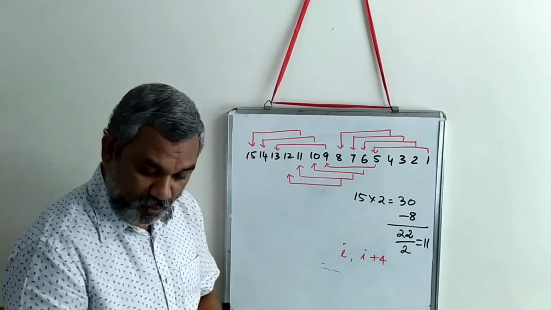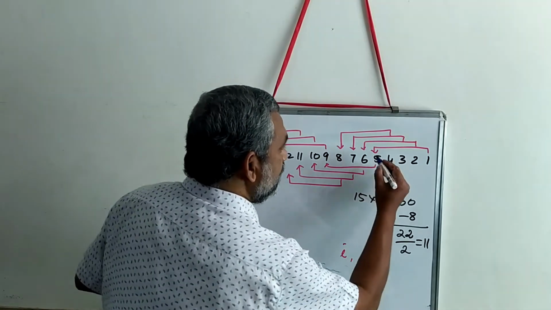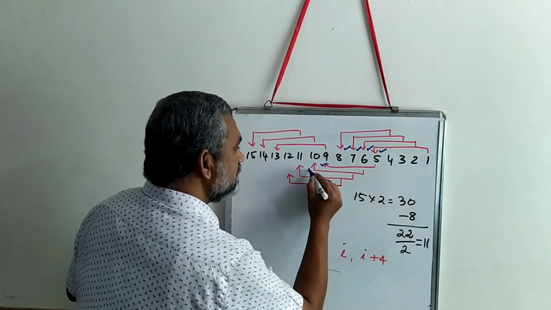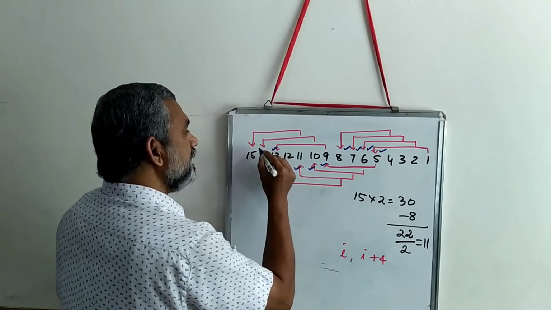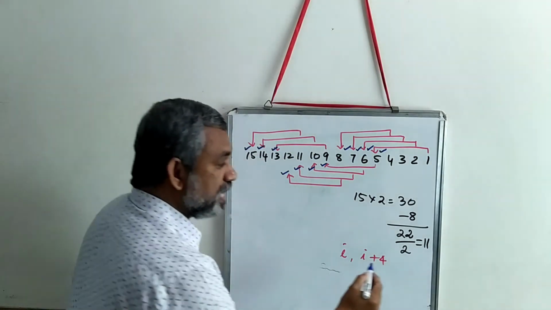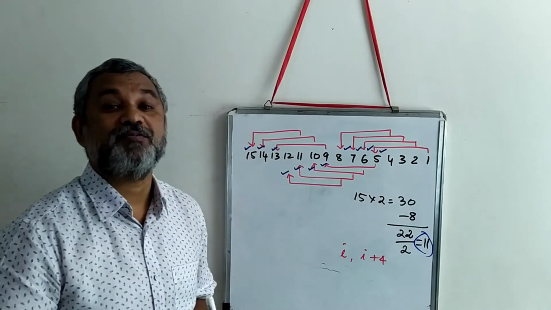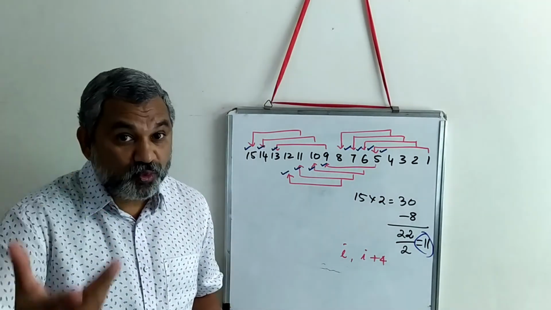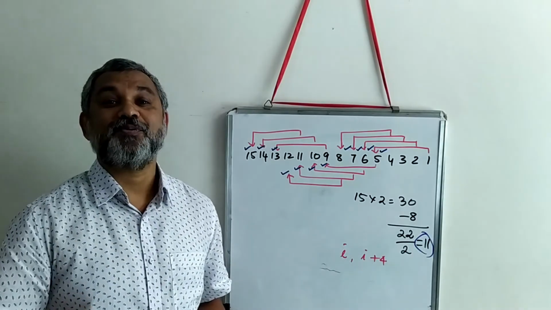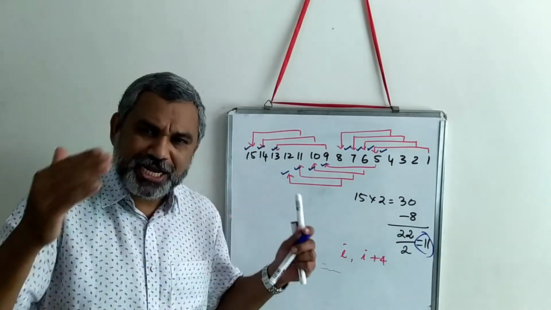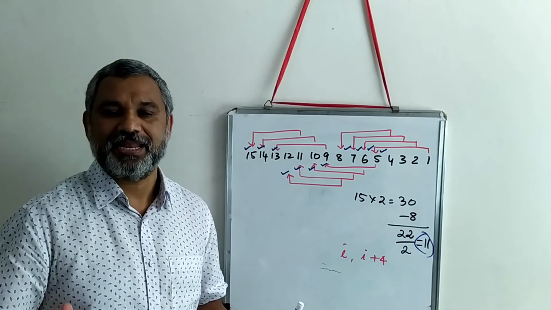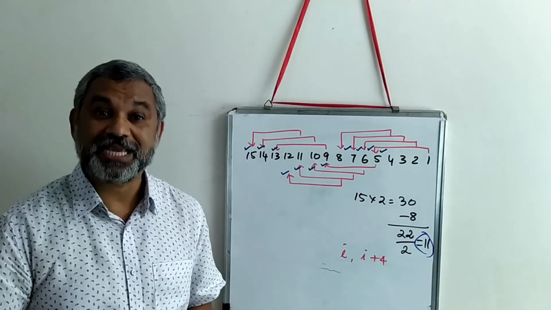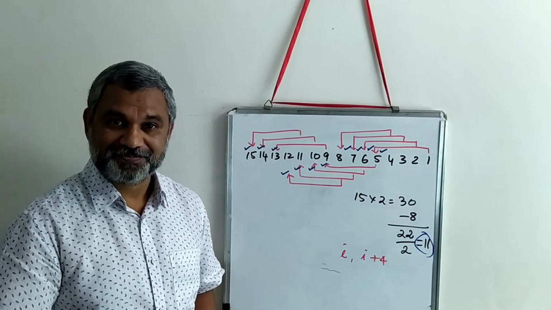Now count the hydrogen bonds. Here is the first one: 1, 2, 3, 4, 5, 6, 7, 8, 9, 10, 11 hydrogen bonds. That is matching with what we have calculated. So this is how we prove the number of hydrogen bonds existing in any short polypeptide chain, by using calculation as well as by using the diagrammatic method.